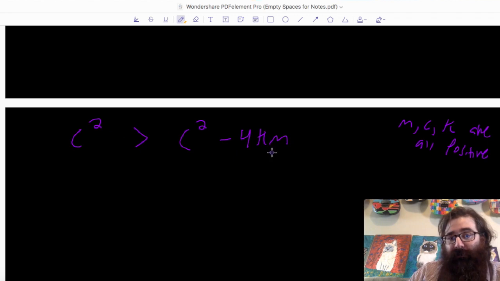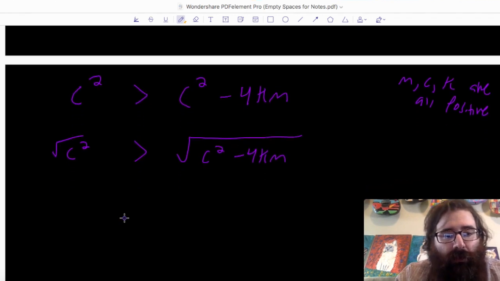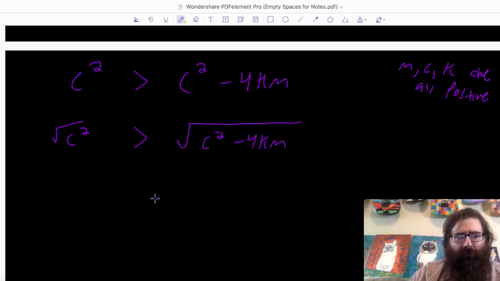I'm subtracting something away from c squared, so of course this is going to be smaller. Now, if I take square roots of each side, the square root of c squared is still going to be greater than the square root of c squared minus 4 times k times m. And the square root of c squared gives us c greater than the square root of c squared minus 4 times k times m.